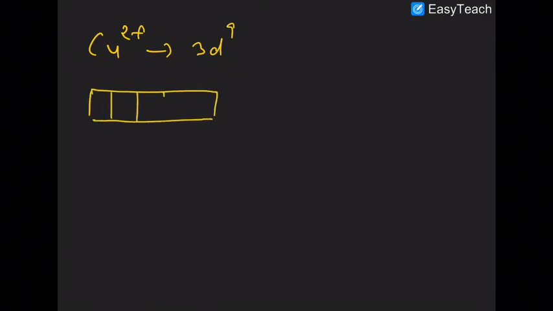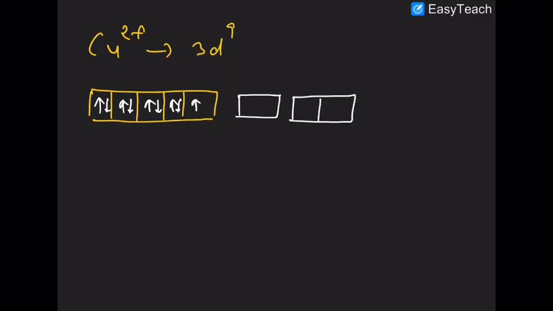Okay, in place of that you have 3d9. So 1, 2, 3, 4, 5, 6, 7, 8, 9. This is 3d9. Now you have 4s, 4p and 4d. So what can happen now?